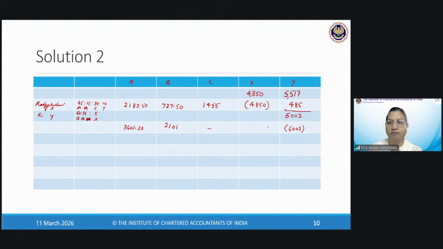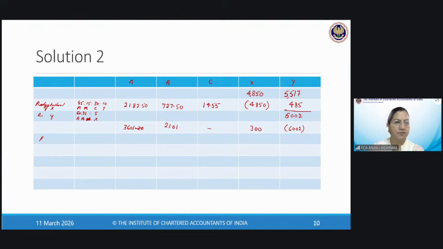Nothing is going to C, 5% is going to X. So 300.1. Okay, just fill that, see the total, ignore this also.